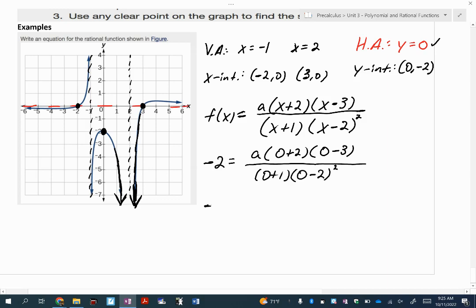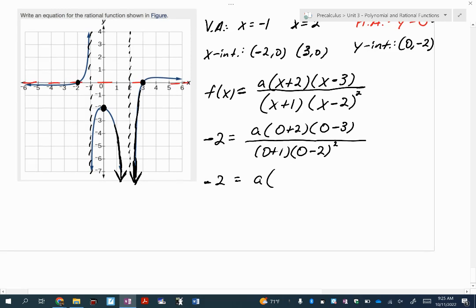So I'm going to write down -2 equals a times 0 + 2, which is 2. 2 times -3 is -6. 0 + 1 is 1. -2 squared is +4. 4 times 1 is 4.